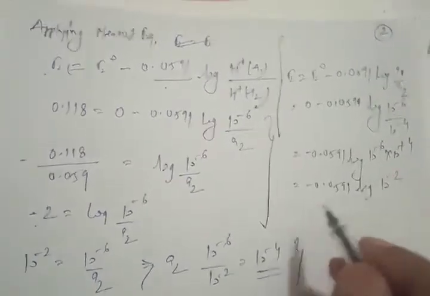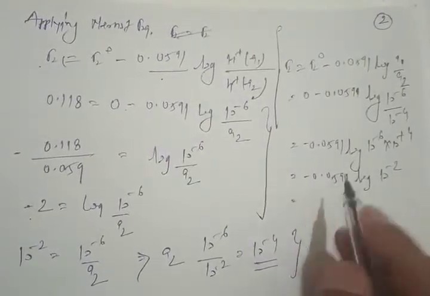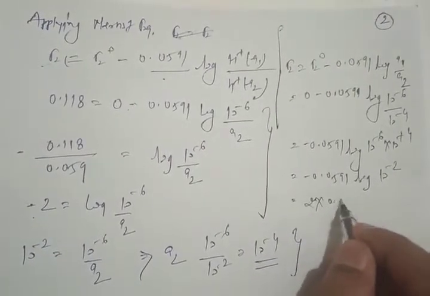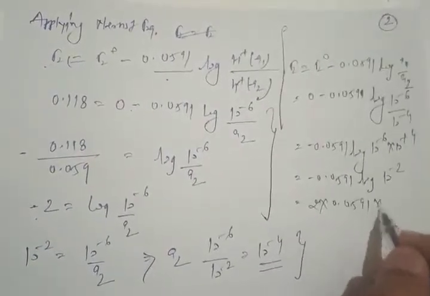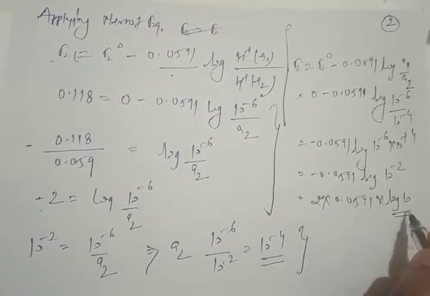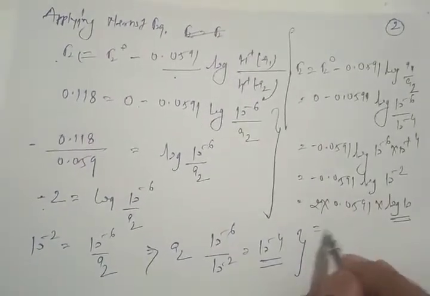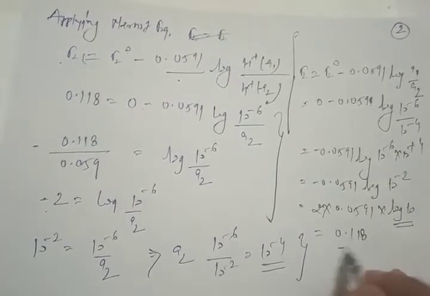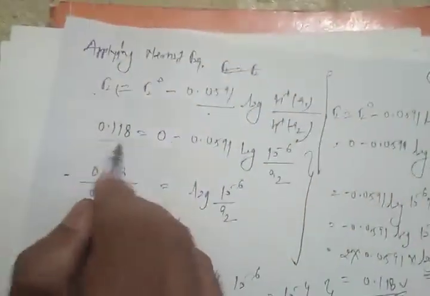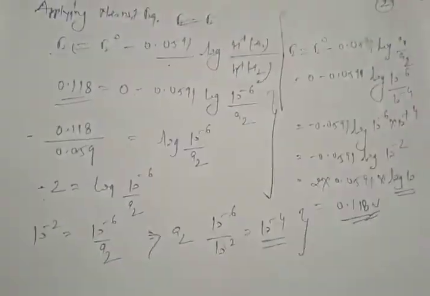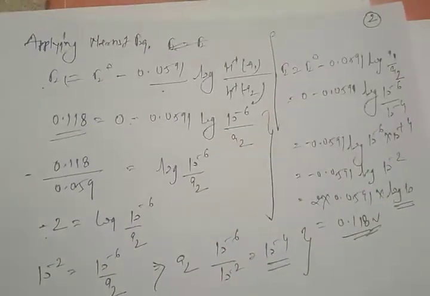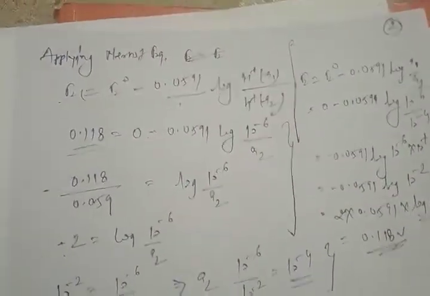And this minus comes to this side, so this will become plus, and 2 into 0.0591 log 10. Log 10 value is 1, and multiplying by this will give you 0.118 volt. So this is the answer which is given here. In this way you can easily cross check your answer of this question.